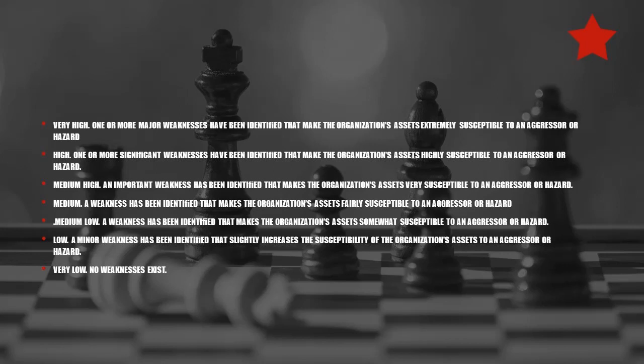Medium. A weakness has been identified that makes the organization's assets fairly susceptible to an aggressor or hazard. Medium-low. A weakness has been identified that makes the organization's assets somewhat susceptible to an aggressor or hazard. Low. A minor weakness has been identified that slightly increases the susceptibility of the organization's assets to an aggressor or hazard.